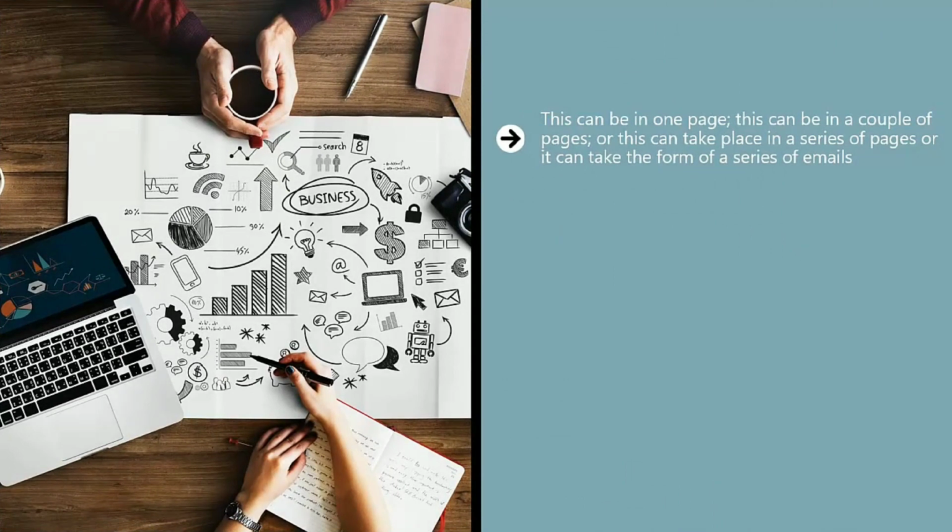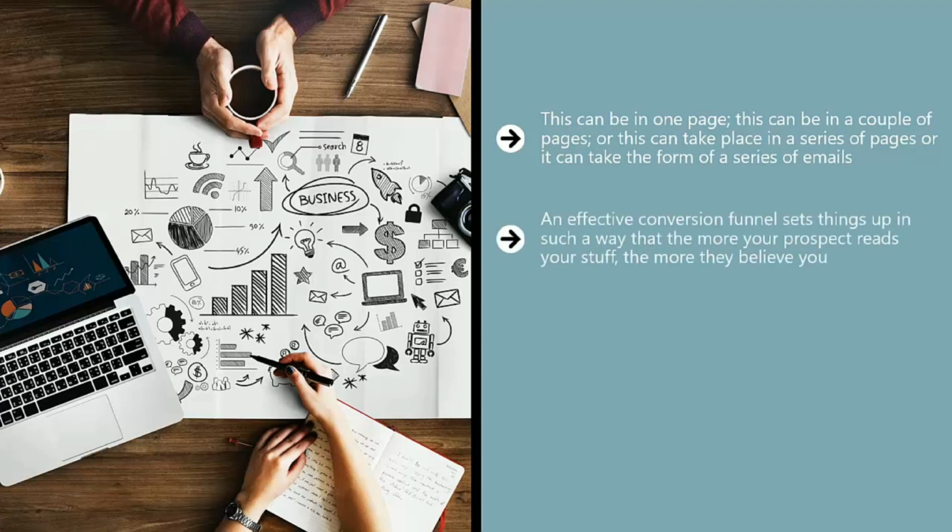This can be in one page, a couple of pages, a series of pages, or a series of emails. Regardless, it's all about building credibility. An effective conversion funnel sets things up in such a way that the more your prospect reads your stuff, the more they believe you. This ultimately creates enough trust for your prospect to do what you want them to do.